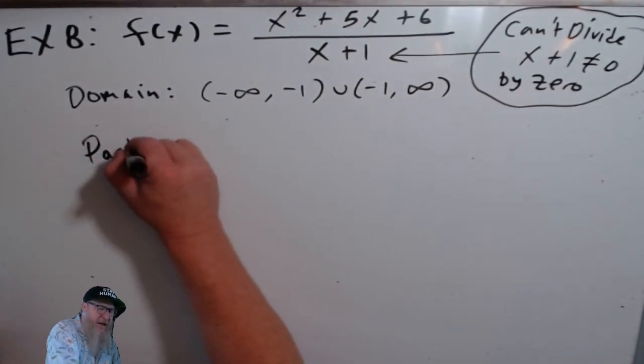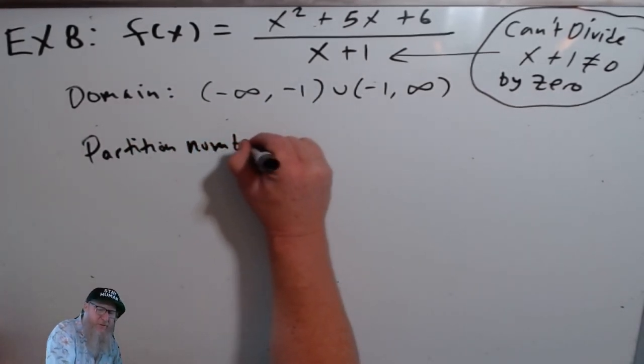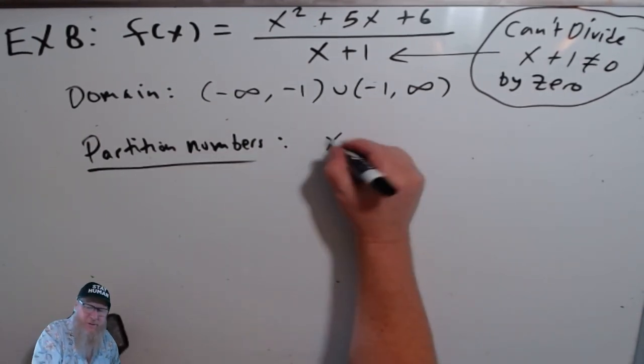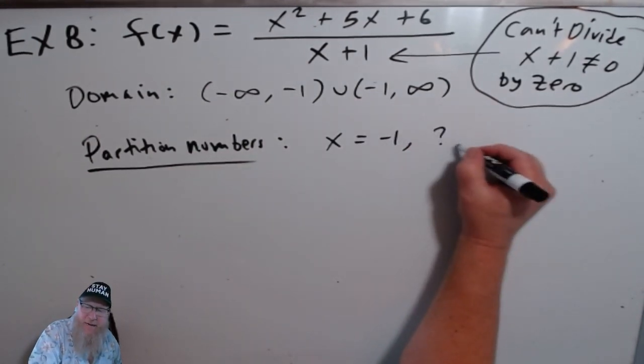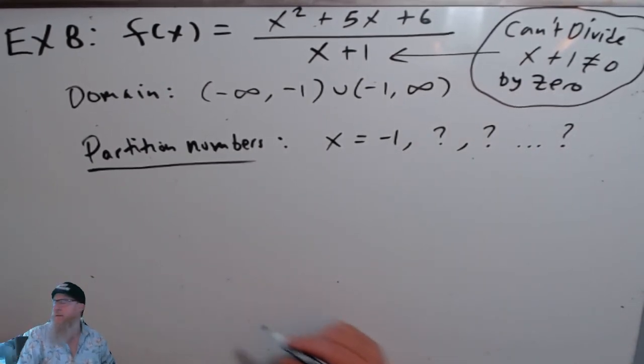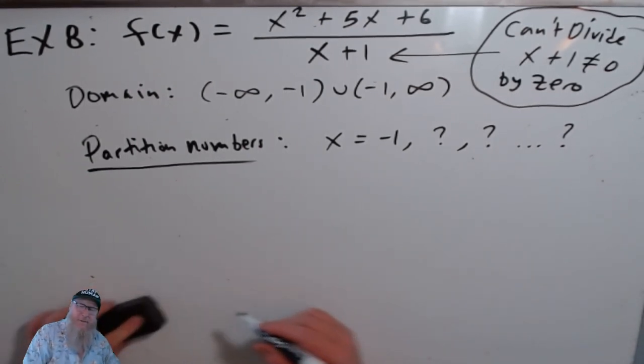So we have now a difference between partition numbers or partition values and critical values. All right.